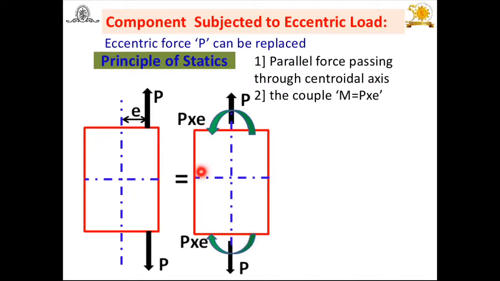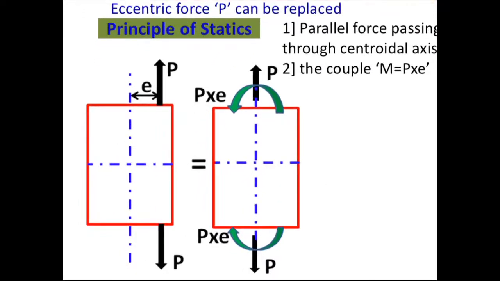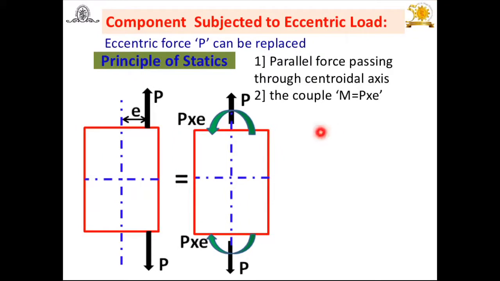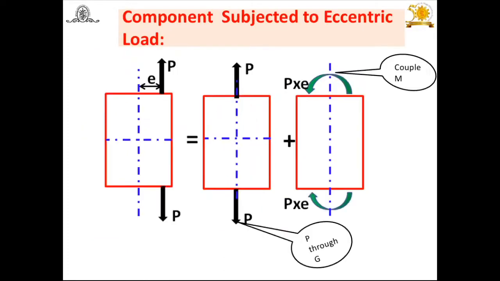Because of this force P passing through the centroidal axis, direct stresses are going to be induced. Suppose it's a tensile force, then you will get tensile stresses, calculated as sigma t equals P upon area. And because of this couple, bending stresses are also going to be induced.